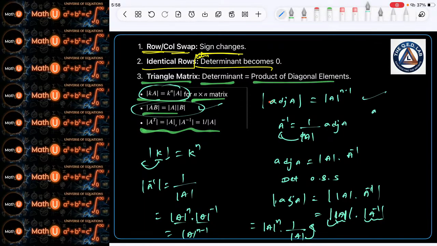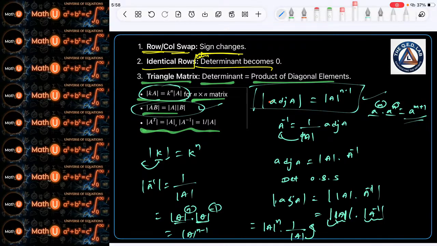We know by the property A power of m into A power of n is equal to A power of m plus n. Same property, if the bases are same, powers are added, we get n minus 1. Like that we get this formula.